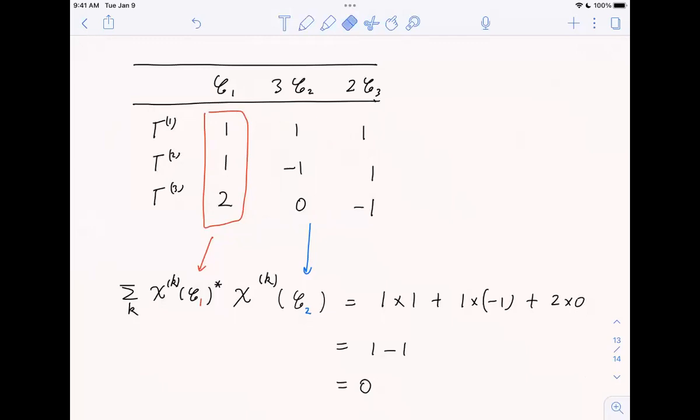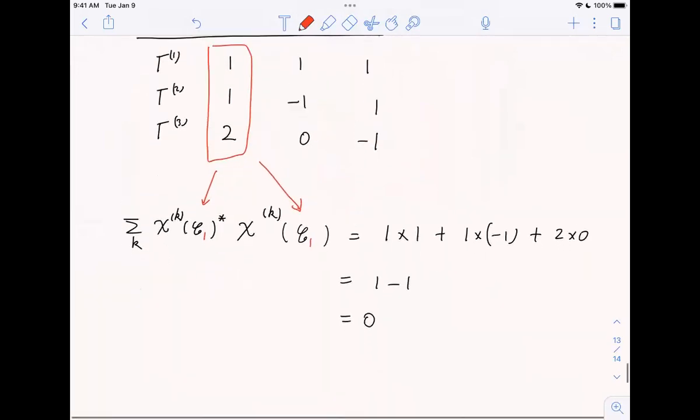So how about we just use the same column, just 1. If you use 1, then what you will get is just the square of them. So 1 square, 1 square, 2 square, you get 6.